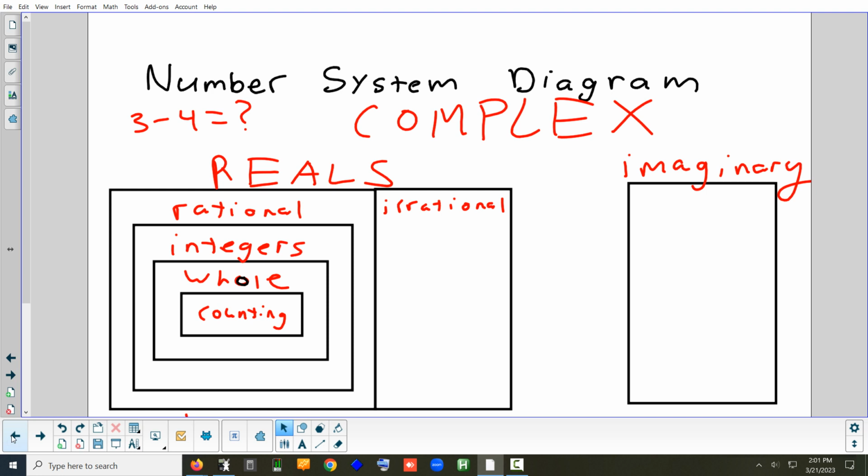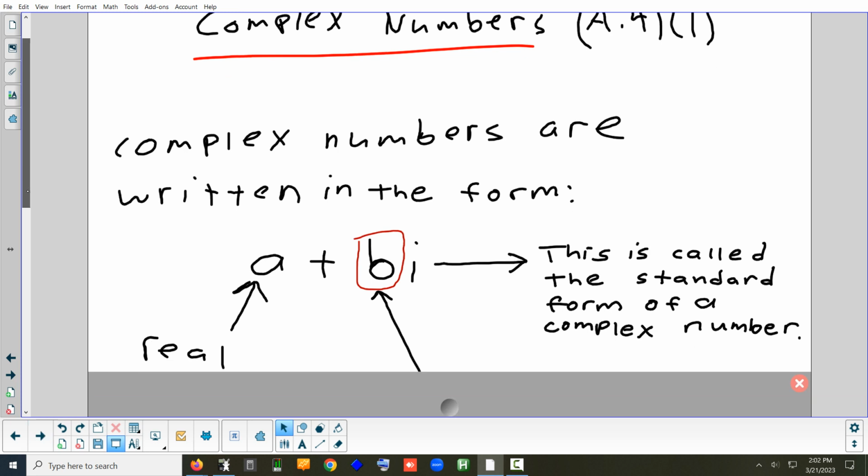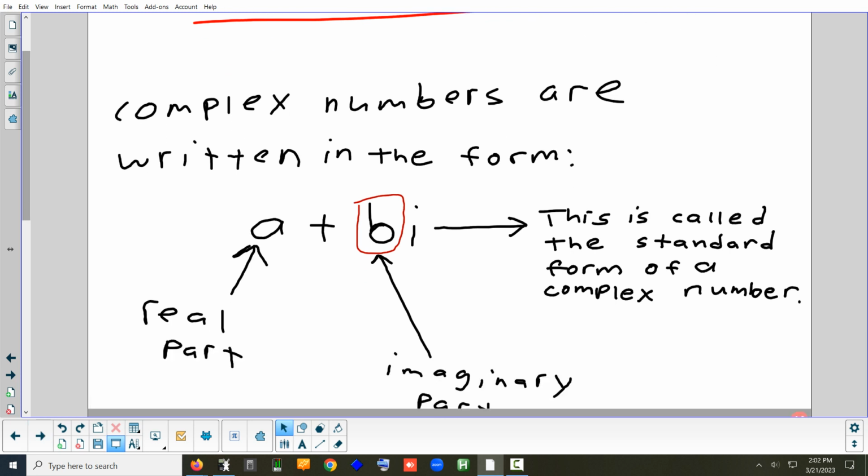So the biggest thing you can see from this diagram is complex numbers have two parts to them. They have a real part, and they have an imaginary part. And the way that you write a complex number is exactly like that. You put the real part of the number first, and the imaginary part of the number second.